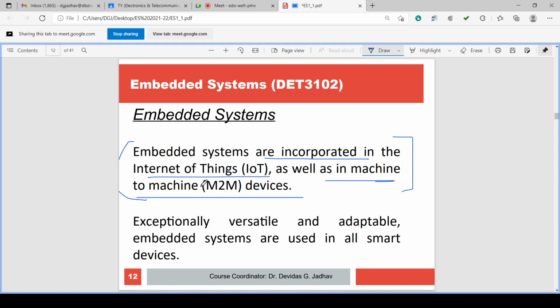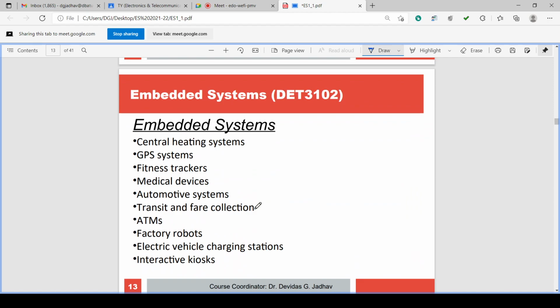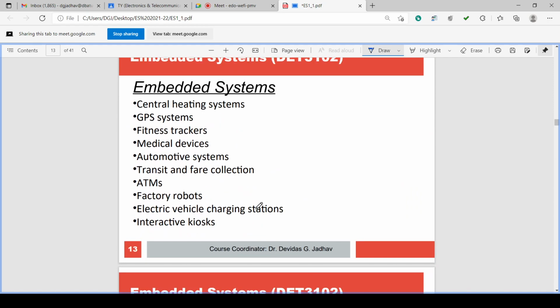That means an Internet interfacing facility should be there in the embedded system. These are some of the examples we have seen last day: central heating system, GPS system, fitness tracker, medical devices, automotive systems, transit and fare collection, ATMs, factory robots, electric vehicle charging stations, interactive kiosks.